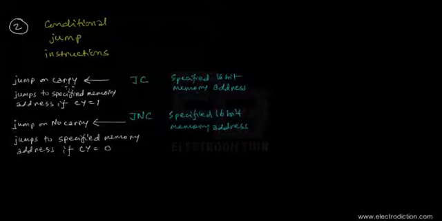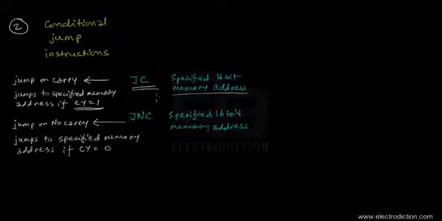It's a conditional jump instruction, and the condition is set by whether the carry flag is set or not. If the carry flag is equal to logic level 1, only then would this instruction get executed and the program control transfer to the specified 16-bit memory address.